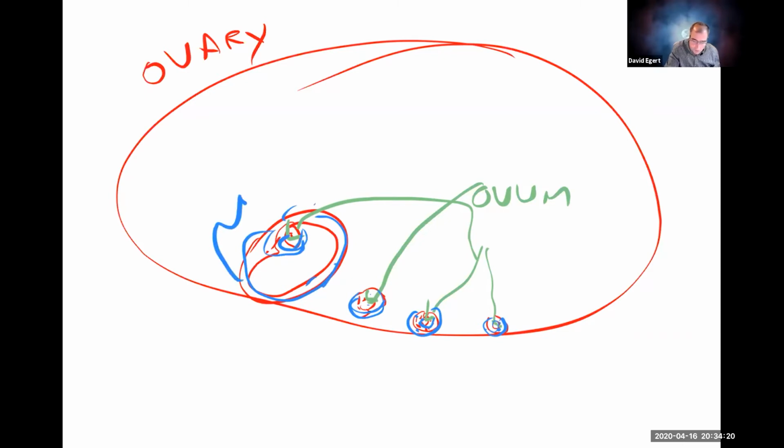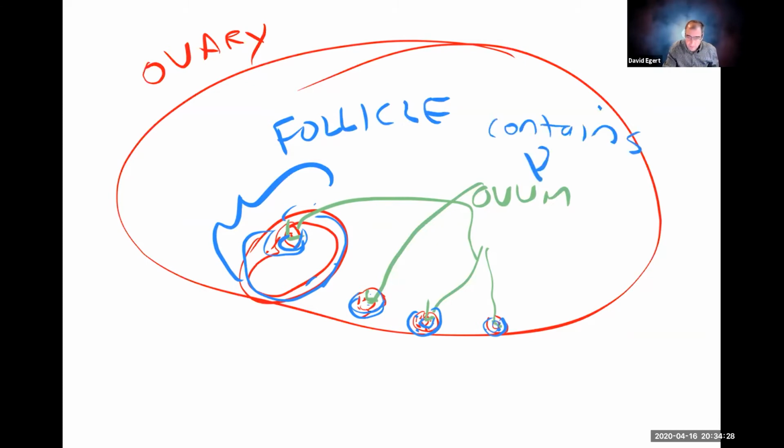The overall structure is the follicle, which contains the ovum. So the egg is never alone. Even after it's ovulated, it's still surrounded by a bunch of different cells. So the follicle is the ovum plus a bunch of other cells making a more complicated structure.